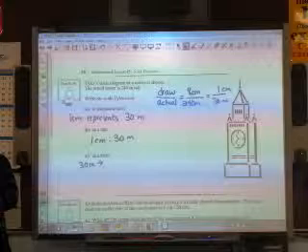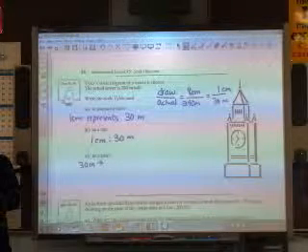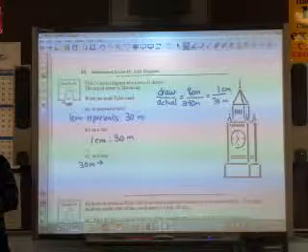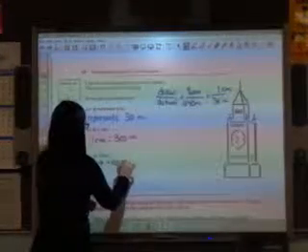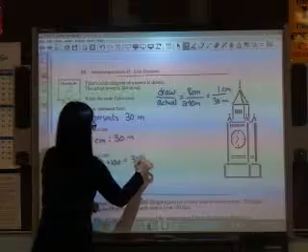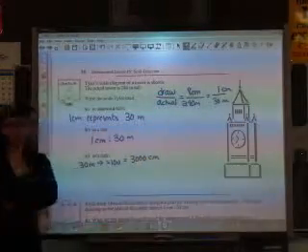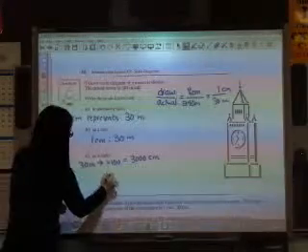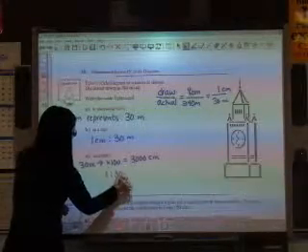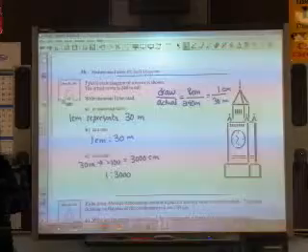How do I do that? Times it by 100. Which gives me 3,000 centimeters. So then my ratio becomes 1 to 3,000.